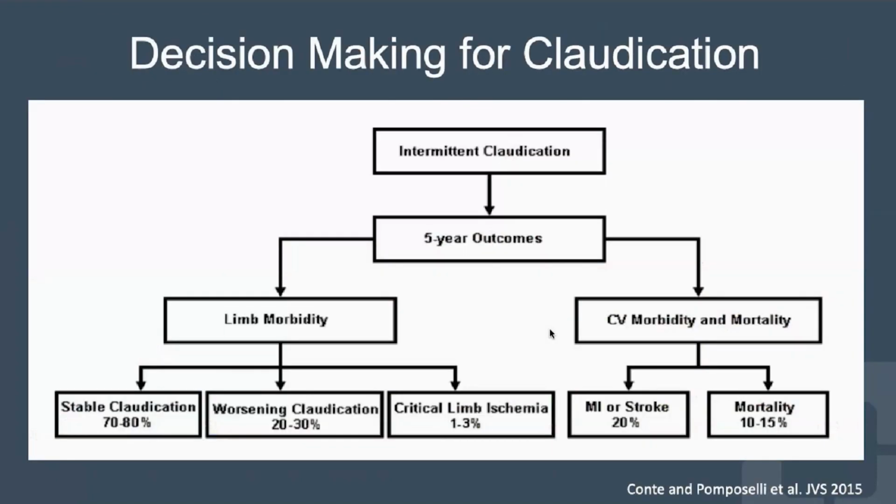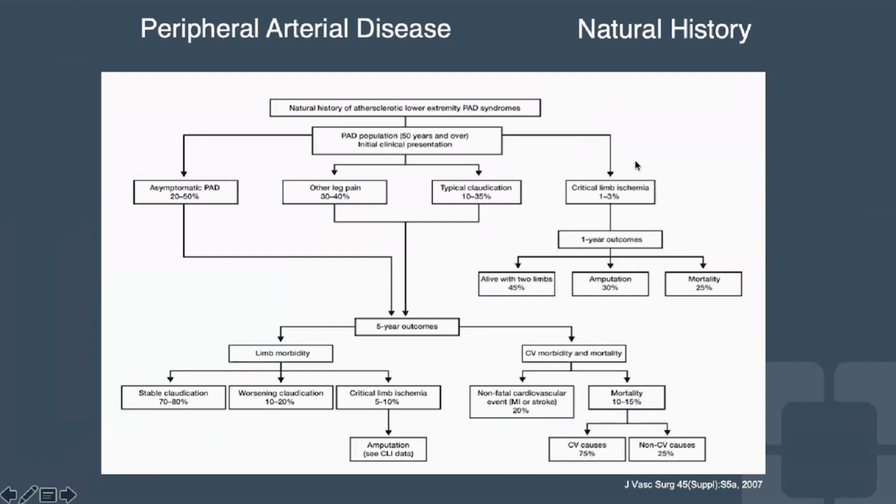So like I said, decision-making for claudication, the 5-year outcomes, I kind of alluded to this, the limb morbidity and mortality. You can see these patients, only about 1 to 3% will go to critical limb ischemia. Most of them will be stable at 70 to 80%, and about 20% of them will worsen over time. And this is a little bit of a larger diagram showing these patients' 5-year limb morbidity and mortality.